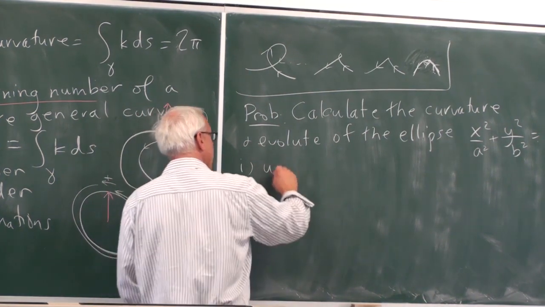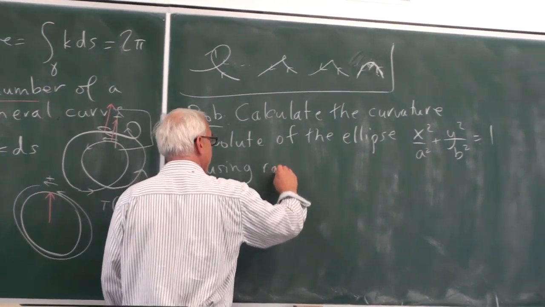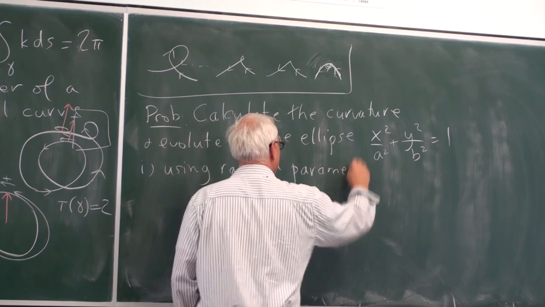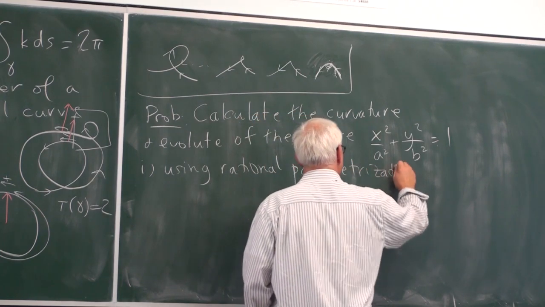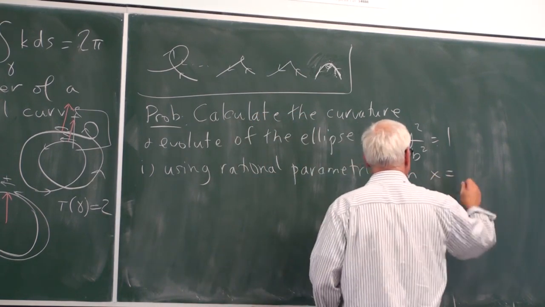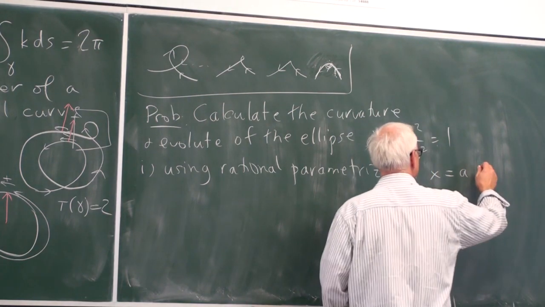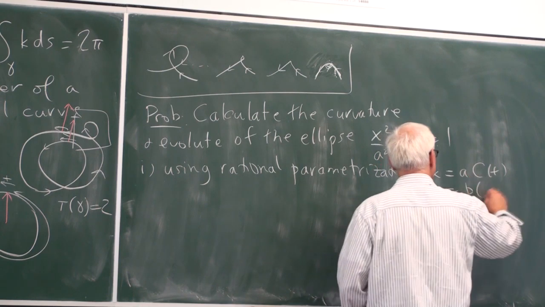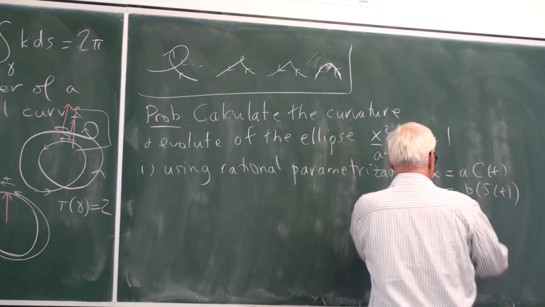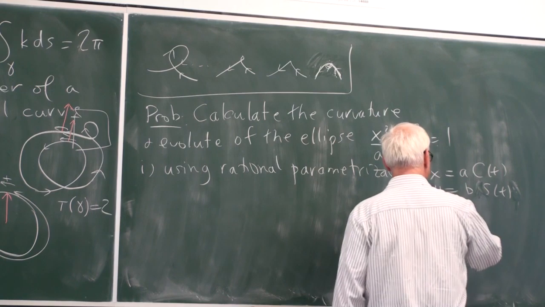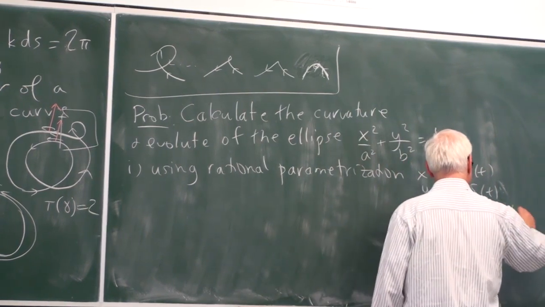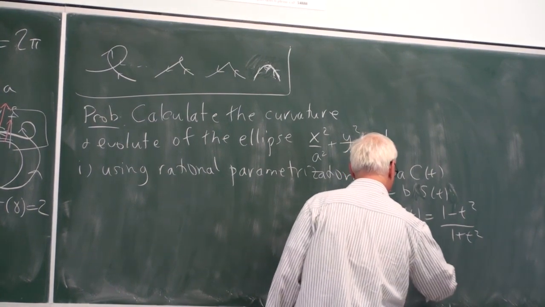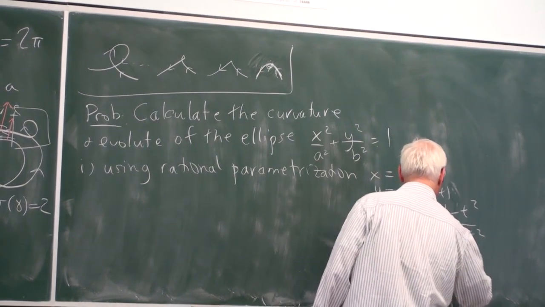So first of all, using a rational parameterization, where x equals a c of t and y equals b s of t, where c of t is (1 minus t squared) over (1 plus t squared), and s of t is 2t over (1 plus t squared).